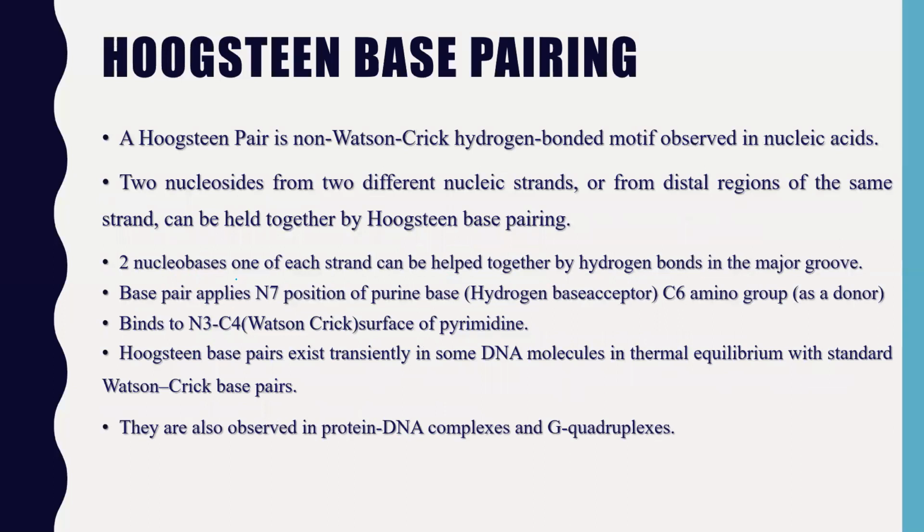A Hoogsteen base pairing is a non-Watson-Crick hydrogen bonded motif observed in nucleic acids. The two nucleosides, from two different nucleic acid strands or from distal regions of the same strand, are held together by the Hoogsteen base pairing.